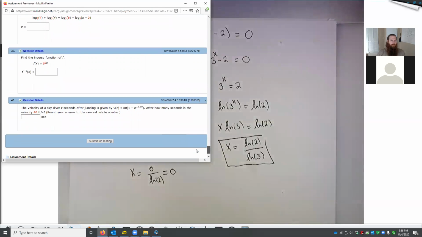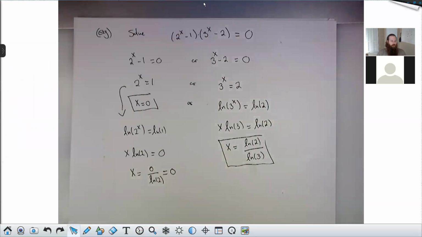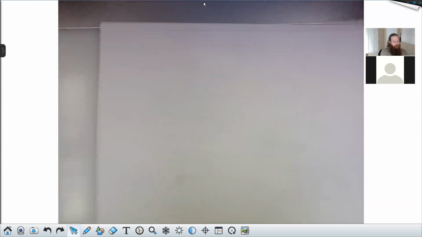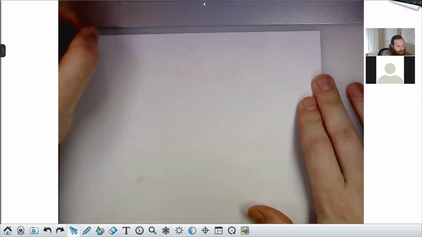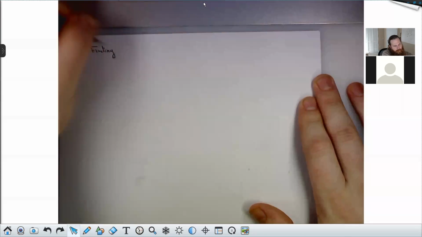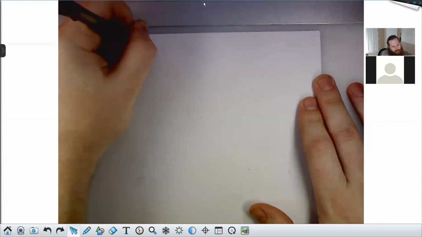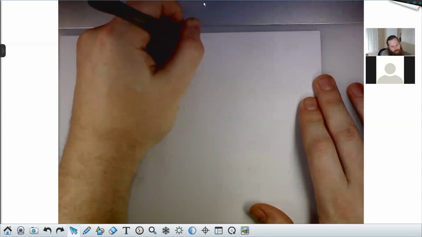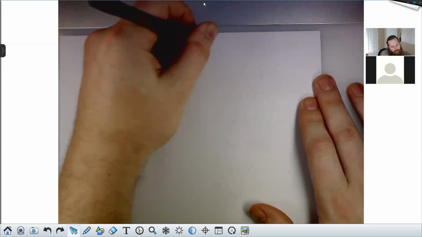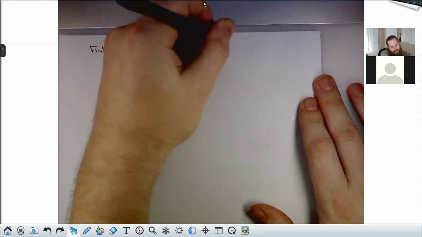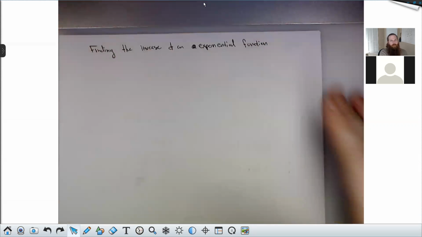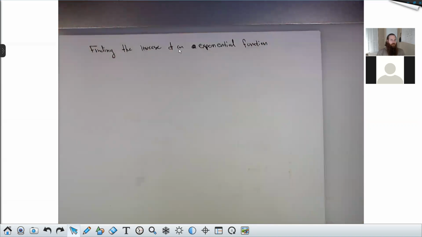We can talk about calculating inverses for just a second. Let's do that. We're talking about finding the inverse of an exponential function.